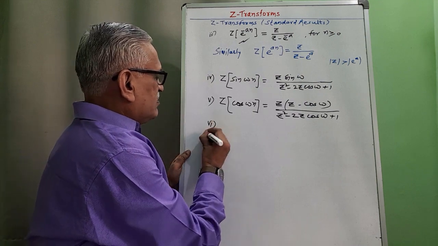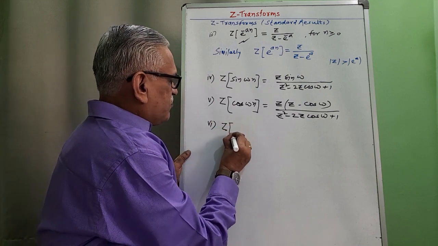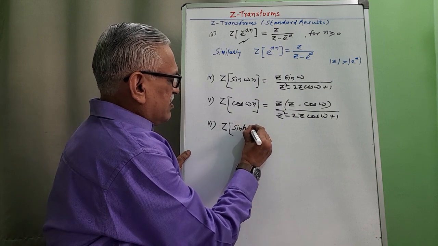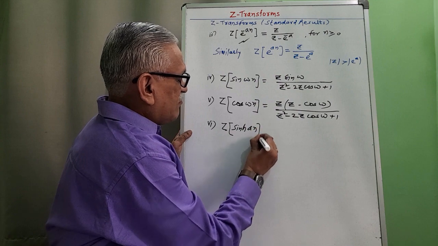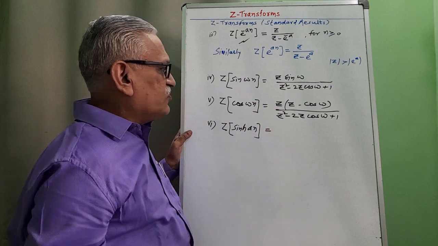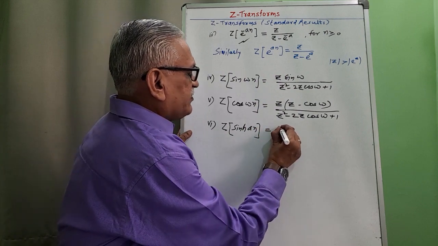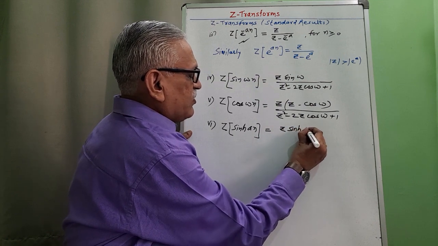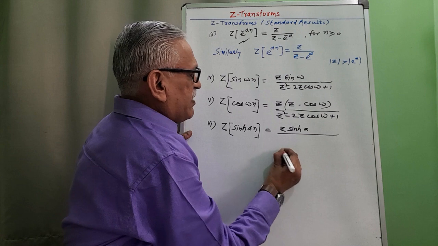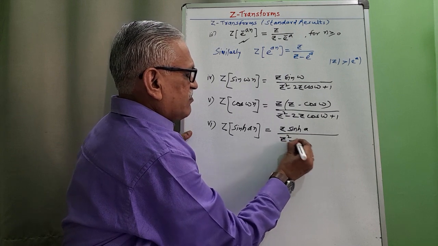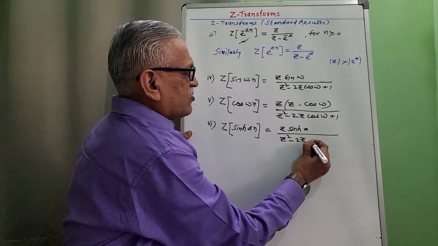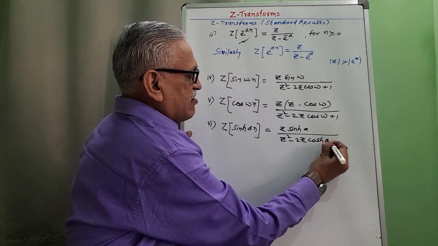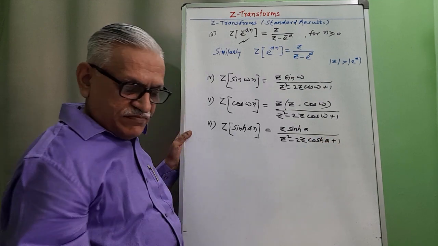Sixth one: Z transform of sine hyperbolic an is equal to z sine hyperbolic a divided by z square minus 2z cosh a plus 1.